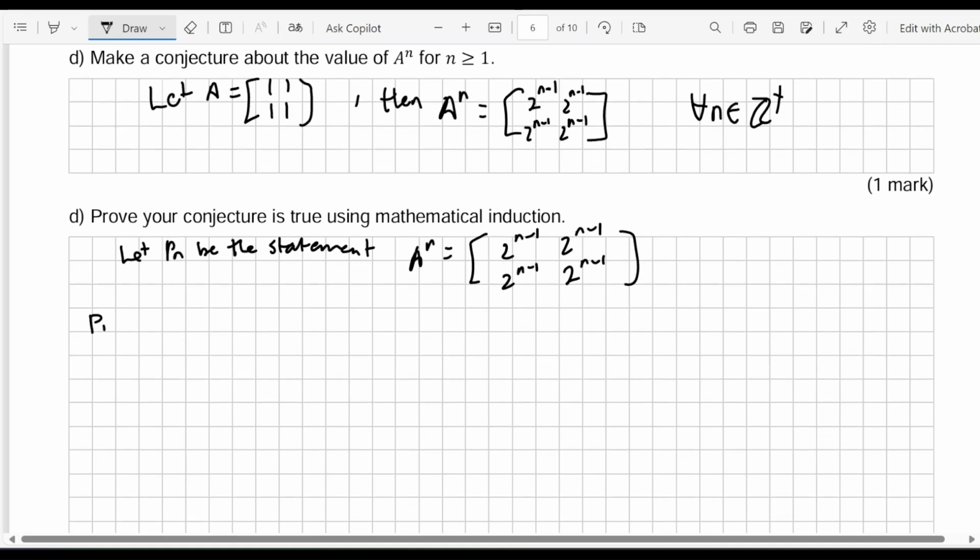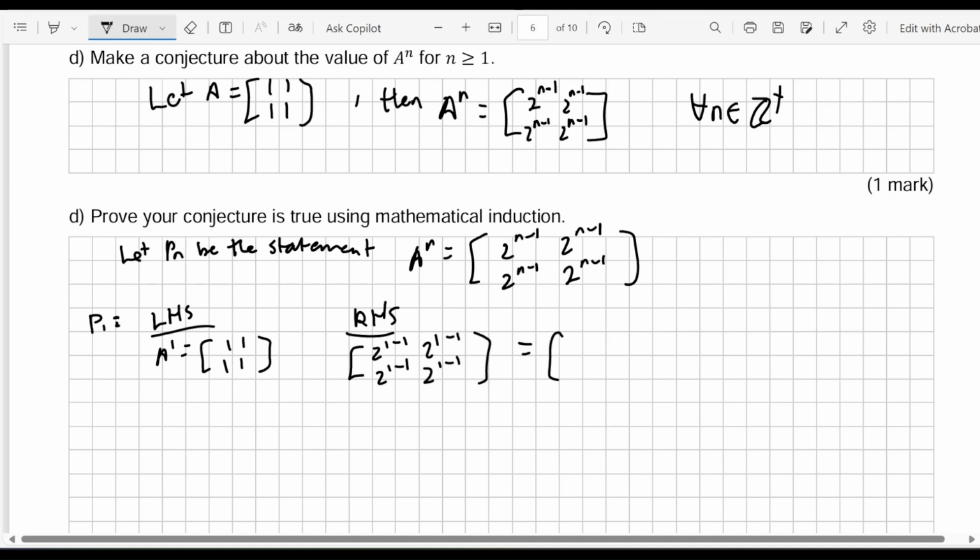P1. On our left-hand side, A to the 1 is 1, 1, 1, 1. And on our right-hand side, we get 2 to the 1, take 1 in all spots. Cool. Therefore, P1 is true.